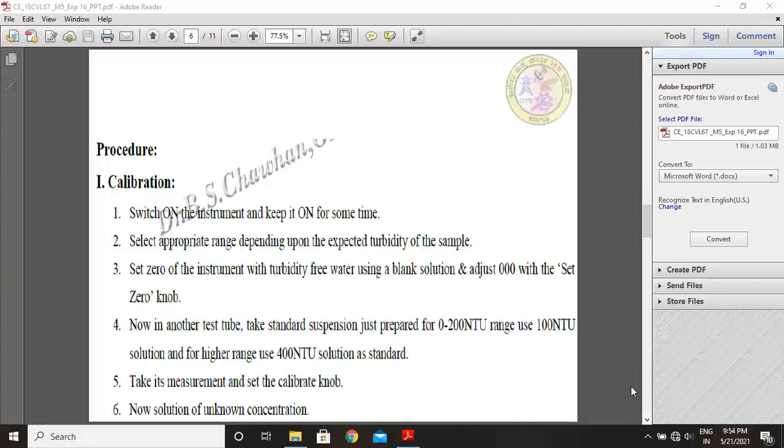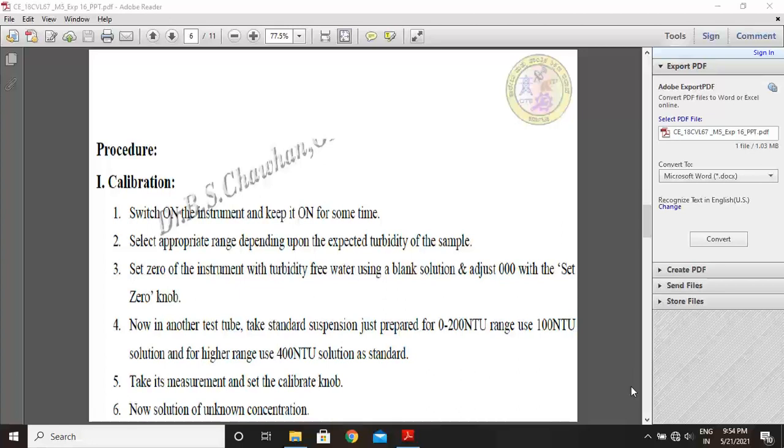Set zero of the instrument with turbidity free water, using a blank solution, that is double distilled water, and adjust 0.0.0 with the set zero knob.